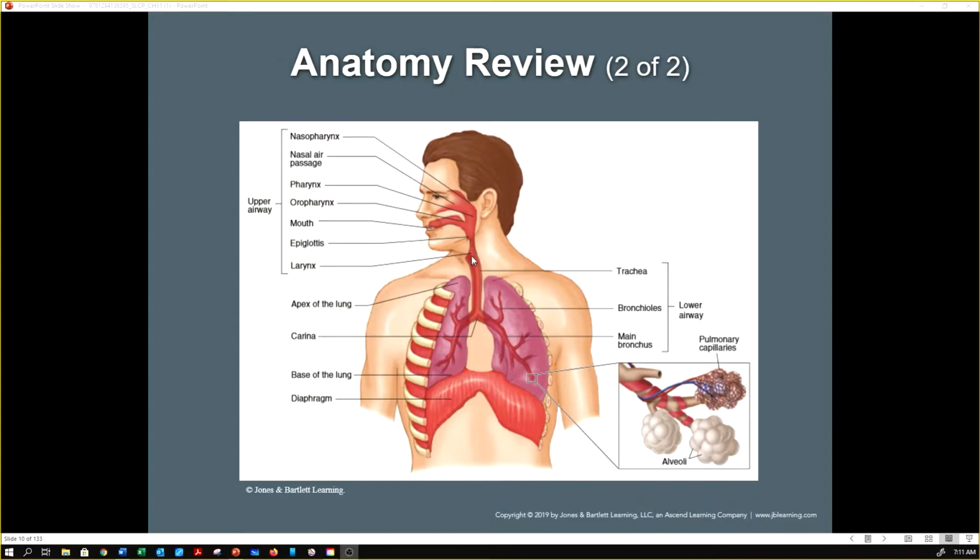And that glottic opening, that's that opening just before you go into the trachea. The glottic opening's there, and that happens to be the most narrow portion of the adult airway. And a lot of times, if someone's choking, that's where you'll find your obstruction, just up around that glottic opening.